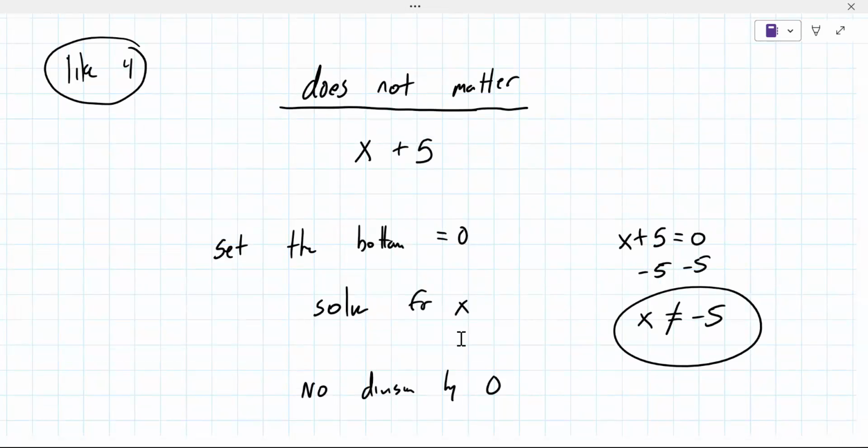So the top does not matter. Okay. Just the bottom, x plus 2, and then subtract... 0, which would give x equals -2.